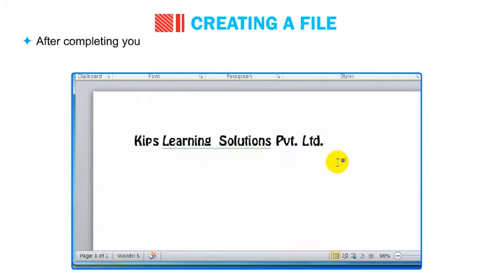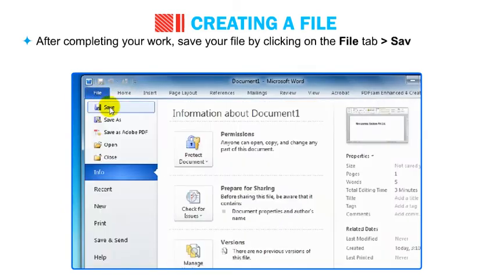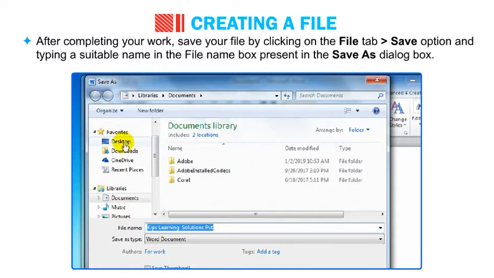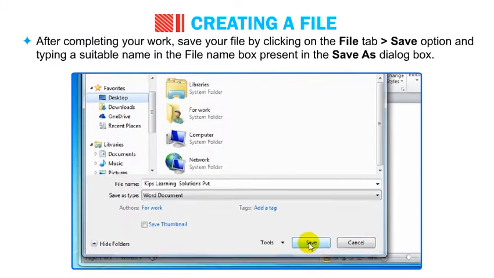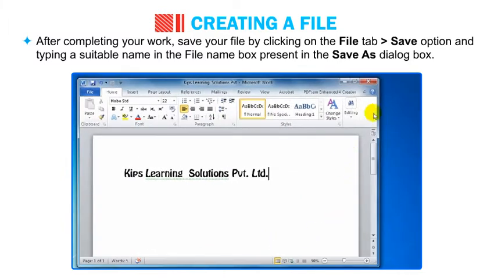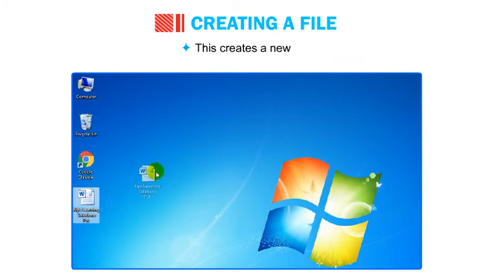After completing your work, save your file by clicking on the File tab, then Save option and typing a suitable name in the file name box present in the Save As dialog box. This creates a new file.